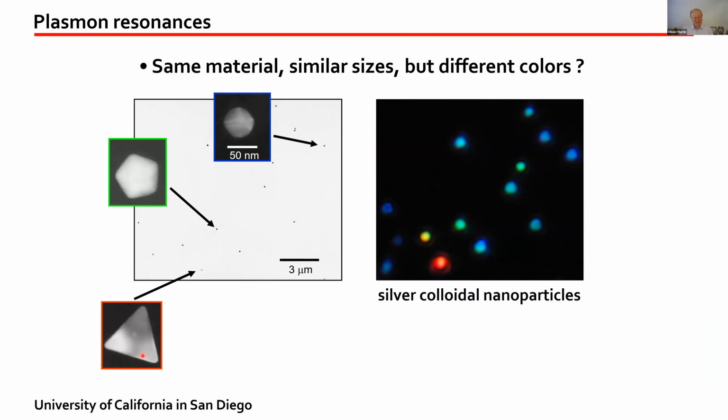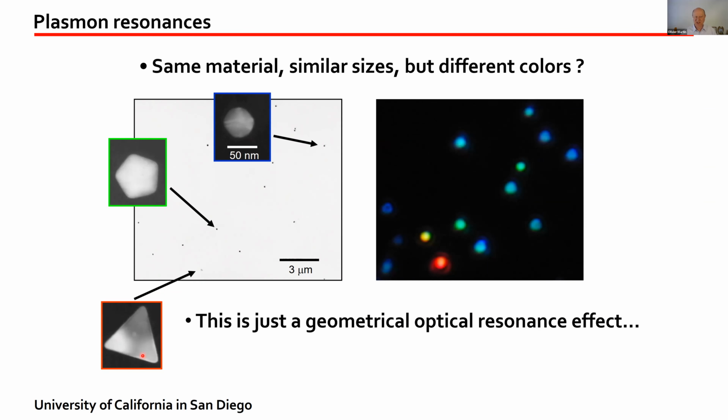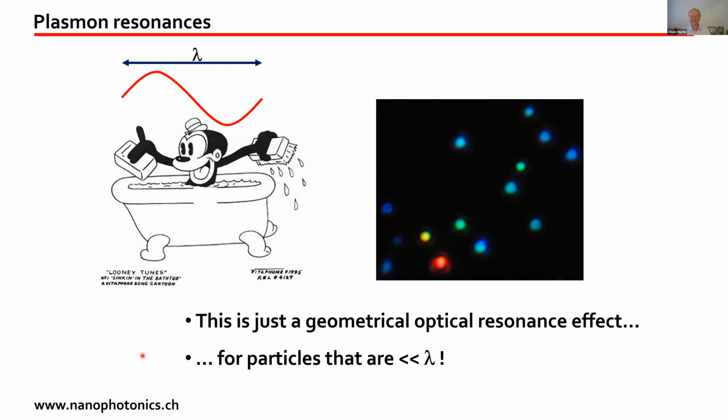Probably some of you will say, well, it's not so surprising. This is just a geometrical resonance effect. And you are right. But what's very special is that this geometrical resonance effect occurs for particles that are much, much smaller than the wavelengths. Normally, when you have a resonance effect, you need to have something which is in the order of the size of the wavelengths.